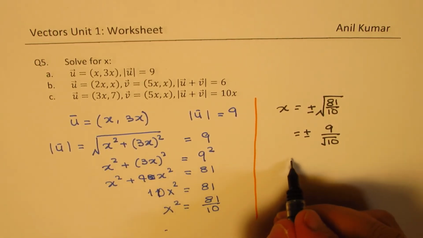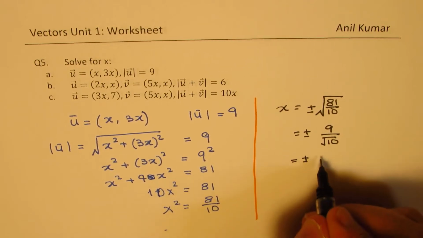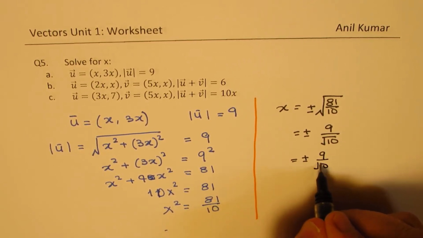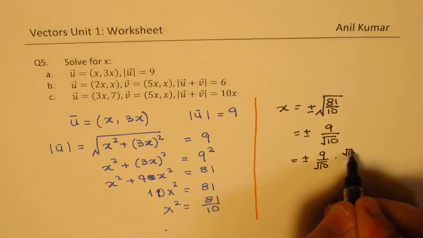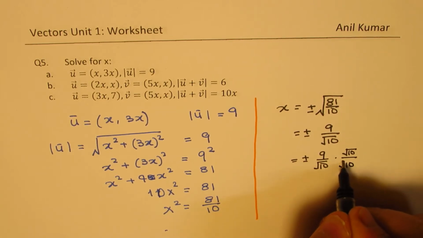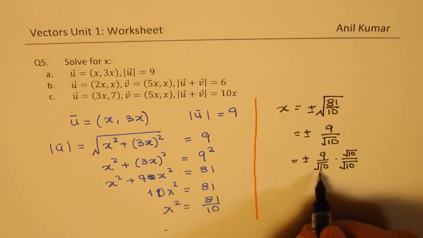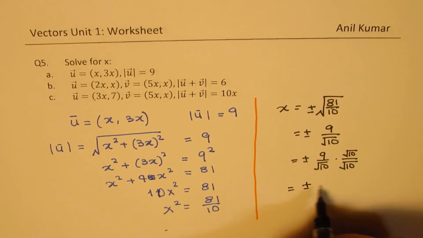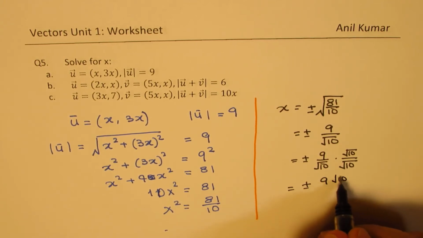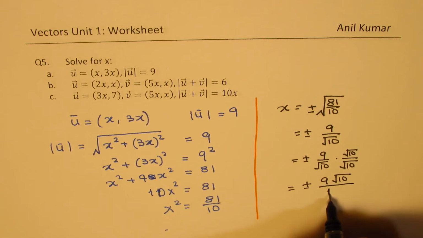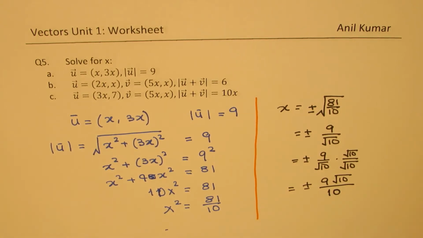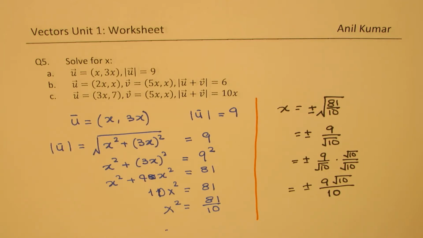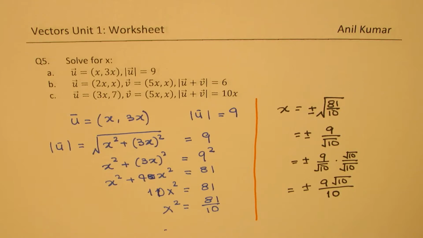So we should rationalize and write it as plus or minus 9 over square root 10 times square root 10 over square root 10. So now the denominator is 10 and the numerator is 9 square root 10 with plus or minus sign. Is that clear to you? So the value of x in this particular case is plus or minus 9 square root 10 over 10. So I hope the steps are absolutely clear.